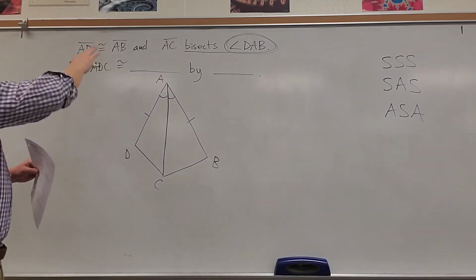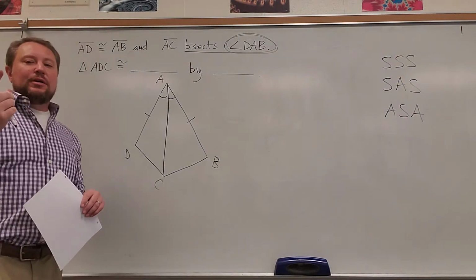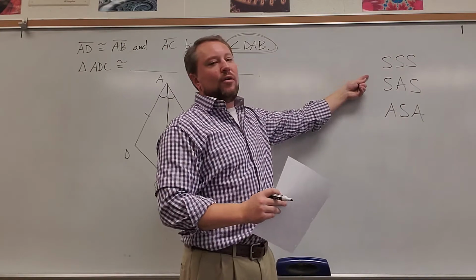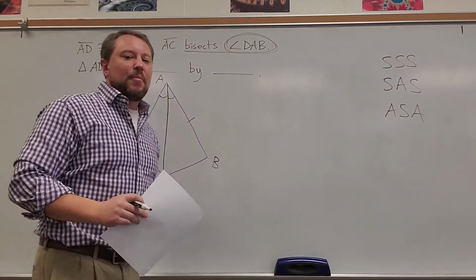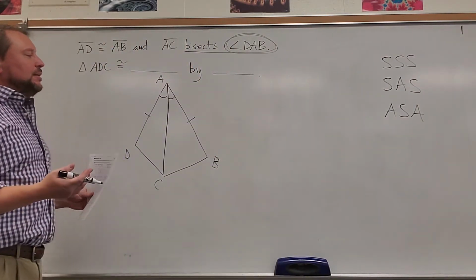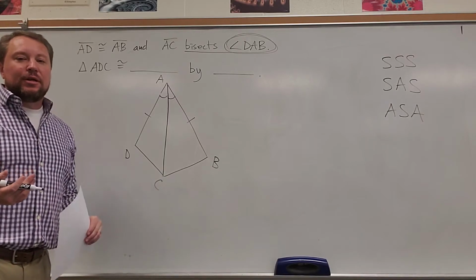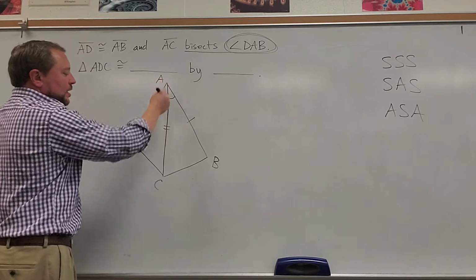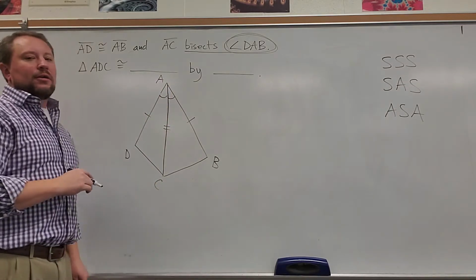Now I've used up all my given information. I still need one more pair of parts to prove triangles congruent because all of our shortcuts require three. So on a problem like this, there must be something else congruent. And what do you know? They share a side right here down the middle, AC. So I mark it congruent.